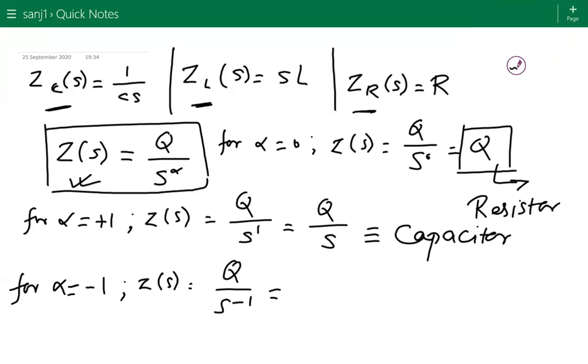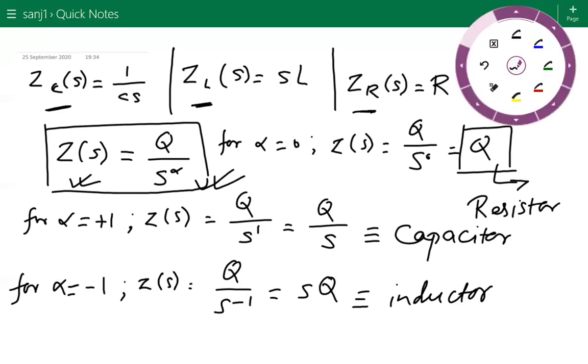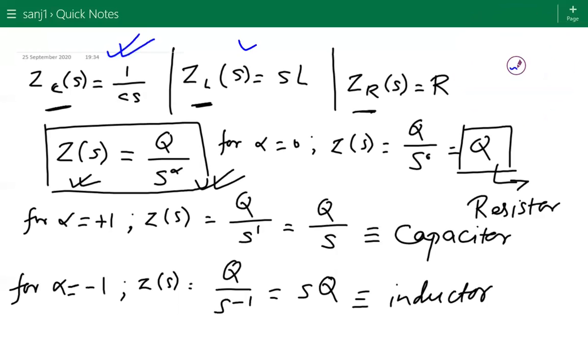This will be equal to sq. So this will take the form of an ideal inductor. So what we have seen is that this is a very general representation which can be transformed into a capacitor or an inductor or a resistor.